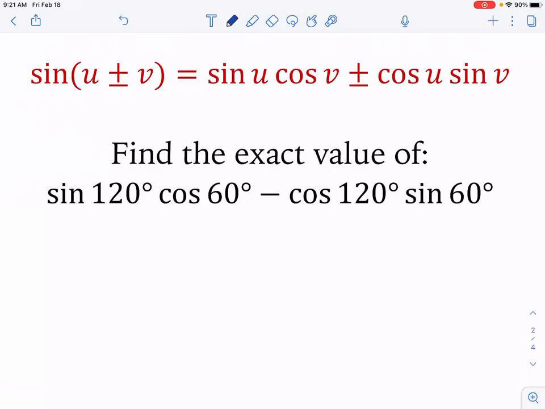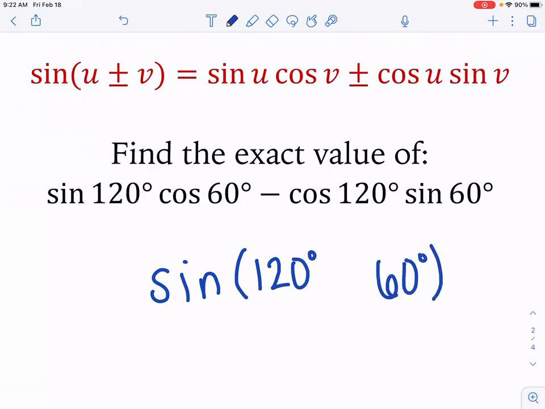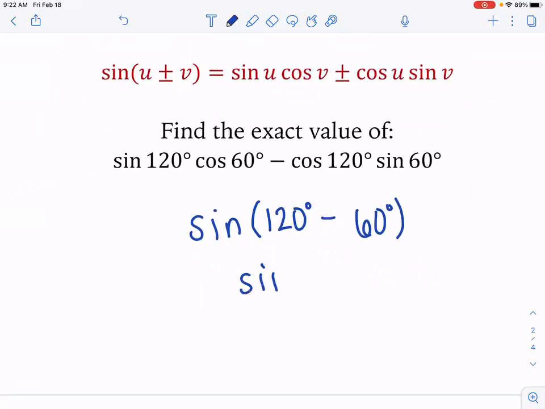Okay, so let's talk about this side over here. If this is sine 120 cosine 60 minus cosine 120 sine 60, it's following this pattern right here. So first of all, it's following the sine, right? Angle U is 120. Angle V is 60. And what's the operation in between? Subtraction. So this is essentially just the sine of 60 degrees.